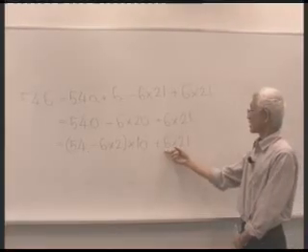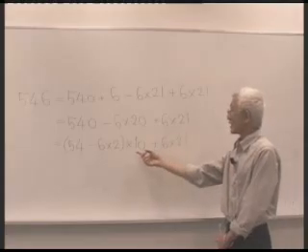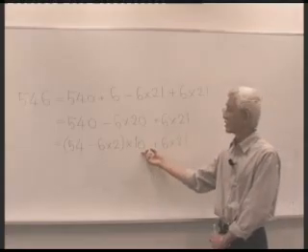Can you now see that this is divisible by 7? Can you also see that 10 is not divisible by 7?